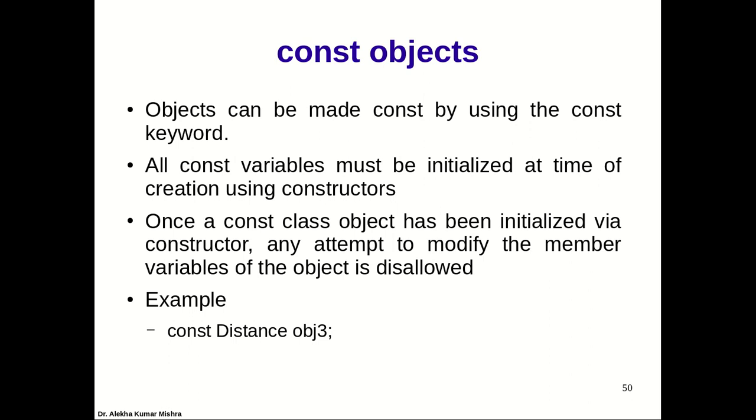Constant objects are mostly meant for holding standard objects, standard values. Say, for example, we are using objects of various equipment. We can define a constant object which will keep the standard value, let's say the equipment's length should be this.